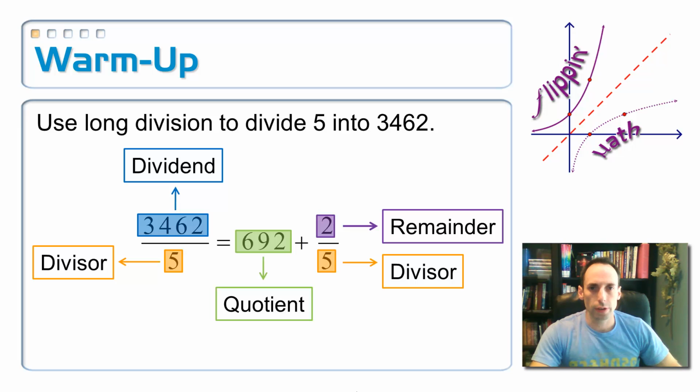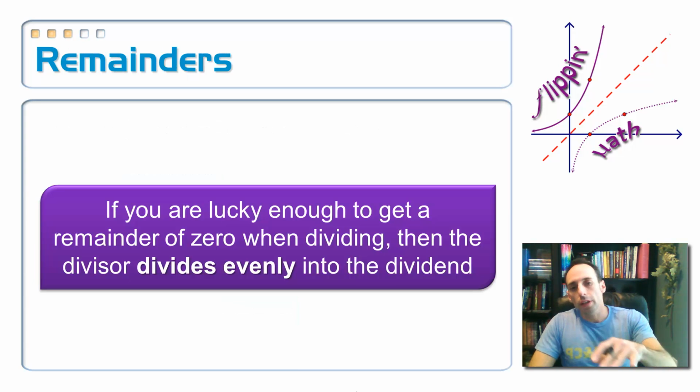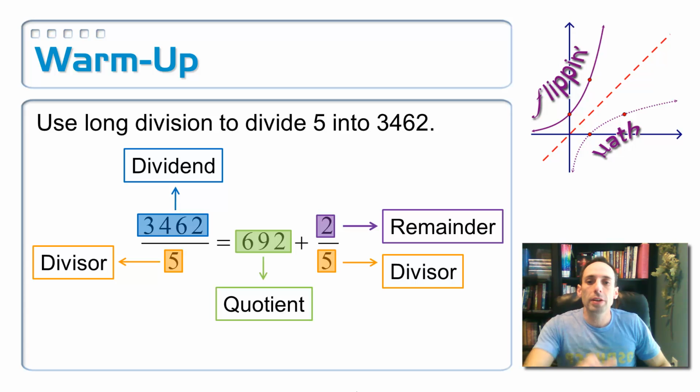Okay. Alright, so that is exactly what you do whenever you do polynomial long division, except they're not just going to be numbers, they're going to be polynomials. Okay, so if you're lucky enough to get a remainder of 0 when dividing, then that means your divisor divides evenly into the dividend. Let me go back here. Our remainder was 2.